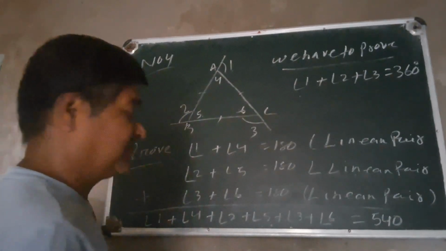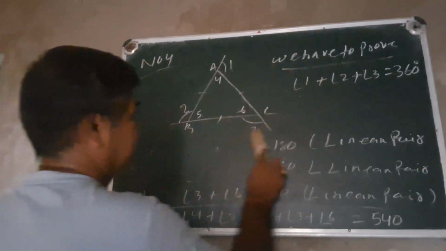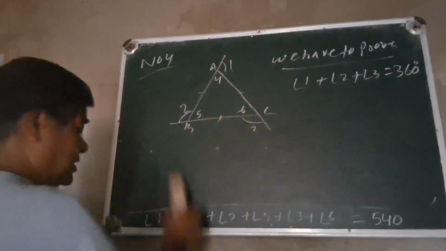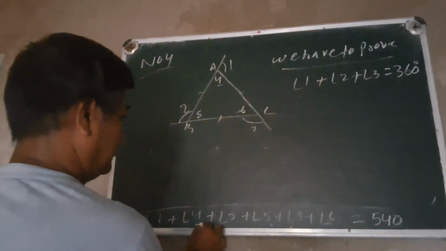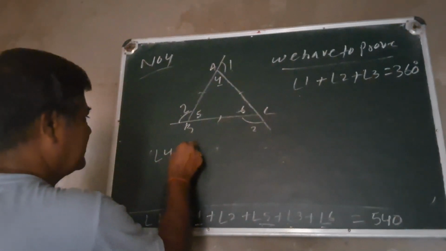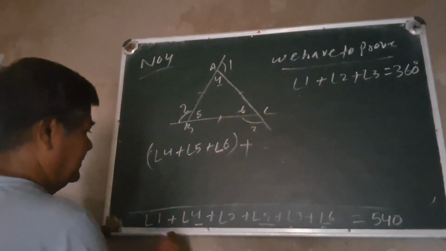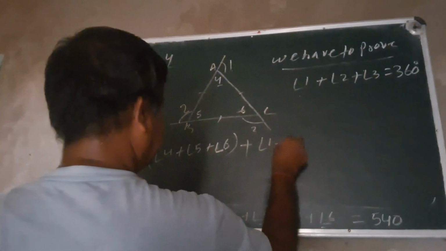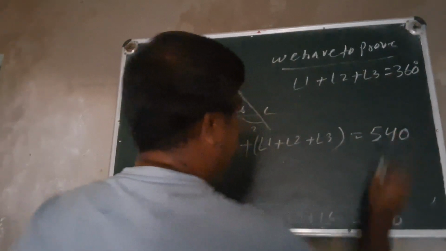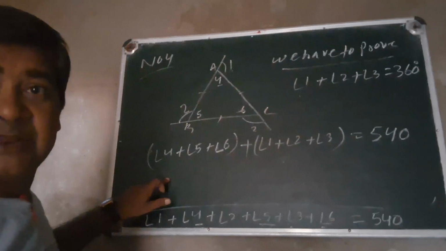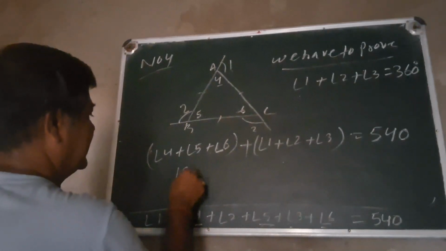But we know that the sum of the three angles of a triangle, angle 4 plus angle 5 plus angle 6, is 180.